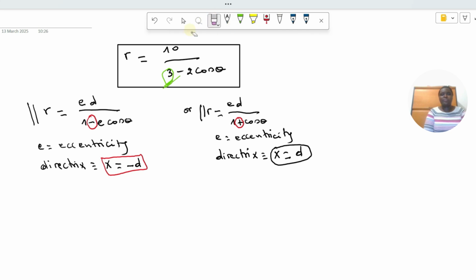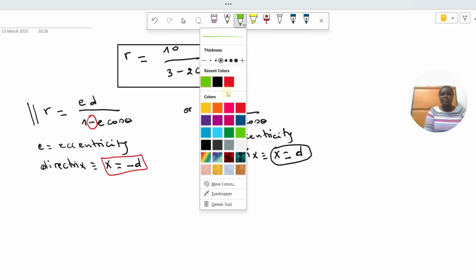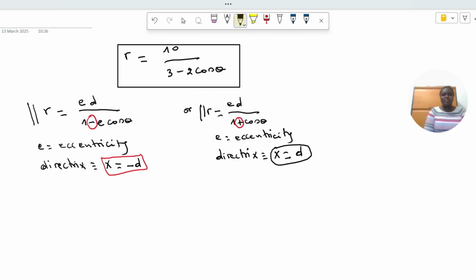So what do we have to do? We are going to transform r equal to 10 over 3 minus 2 cosine theta, so that we will have 1 here.